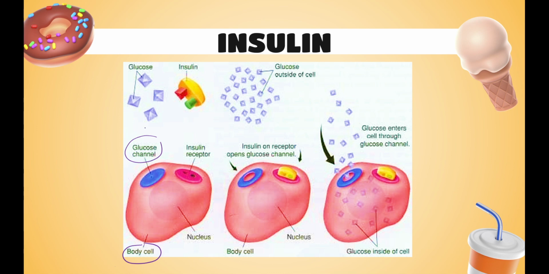You can actually find a glucose channel and an insulin receptor in our different cells, in which once your insulin is attached to the insulin receptor, it will open up your glucose channel, thus increasing the uptake of your glucose, increasing the entry of your glucose to the cell, and in turn, lowering your blood glucose level. Parang ganun yung mechanism ni insulin.